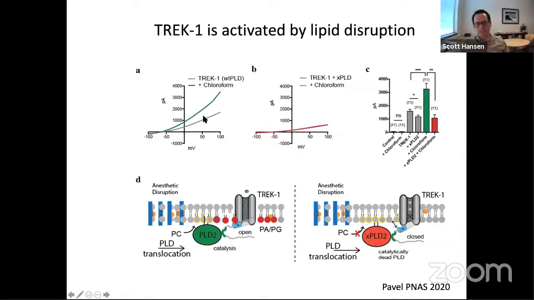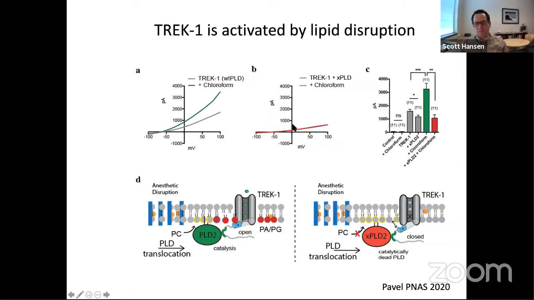This gives us confidence that this is a real current that's voltage dependent. When we add chloroform, you can see that the current significantly increases. This is what had been shown 15 years ago by Patel. Everybody knew that this channel is anesthetic sensitive, and this is why: when you add chloroform, the current goes up. So now we do our XPLD experiment.